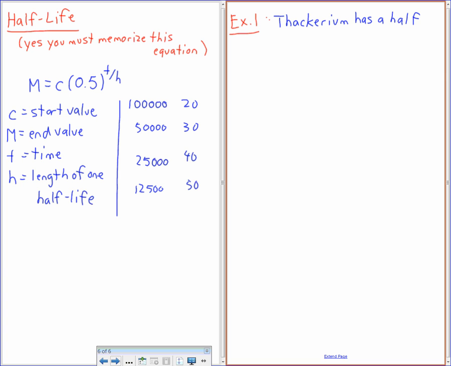A bacterium has a, what's a new element, has a half-life of 8 seconds. If we'll say 41 kilograms were produced: A, make a table.